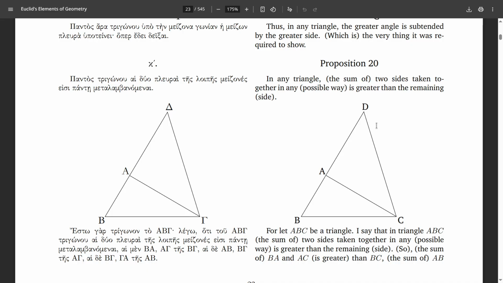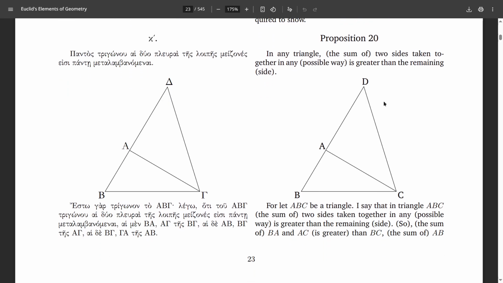In any triangle, the sum of two sides taken together in any possible way is greater than the remaining side. Hmm. The sum of two sides taken together in any possible way is greater than the remaining side. Yes, that is true. Why do I think that's true?